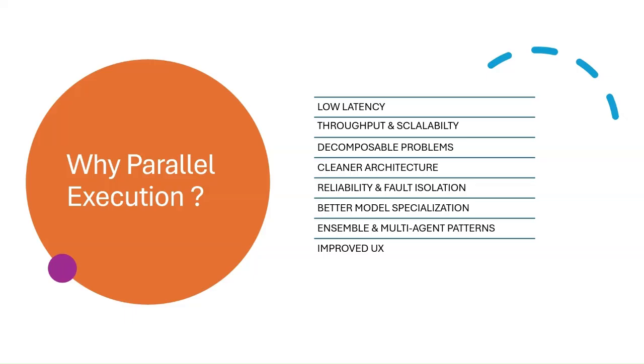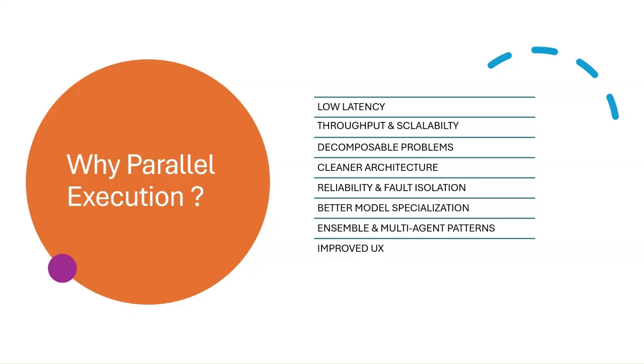This approach naturally fits real world scenarios like content generation, research, and multiple perspective analysis, where problems can be divided into smaller components. In addition, it promotes a clean and modular architecture, allowing each component to be independently developed, tested, and replaced.